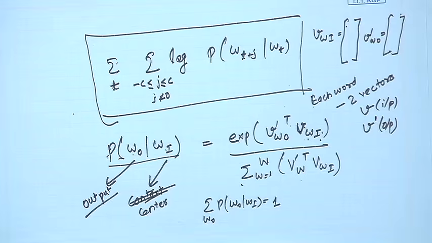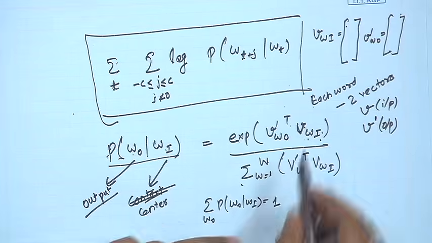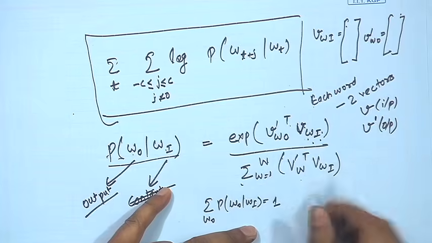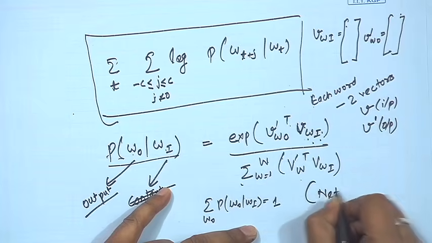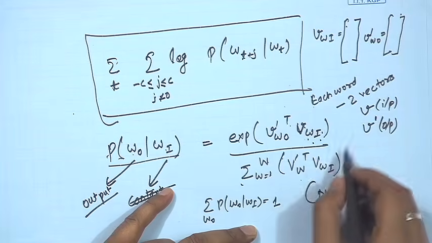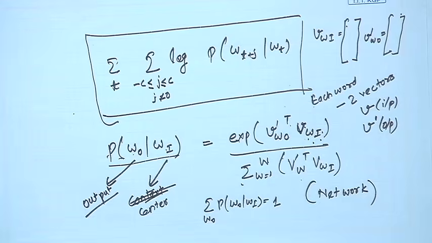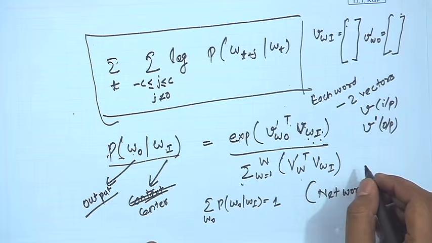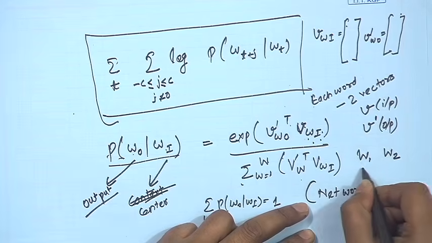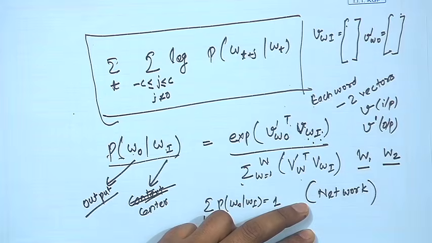Now as a simple exercise, you can also try to see how this number comes from the network that we talked about. Okay, so we had a network interpretation. Now we have a simple matrix sort of interpretation. So how do they correspond to each other? Use the idea of weights 1 and weights 2. What are these?